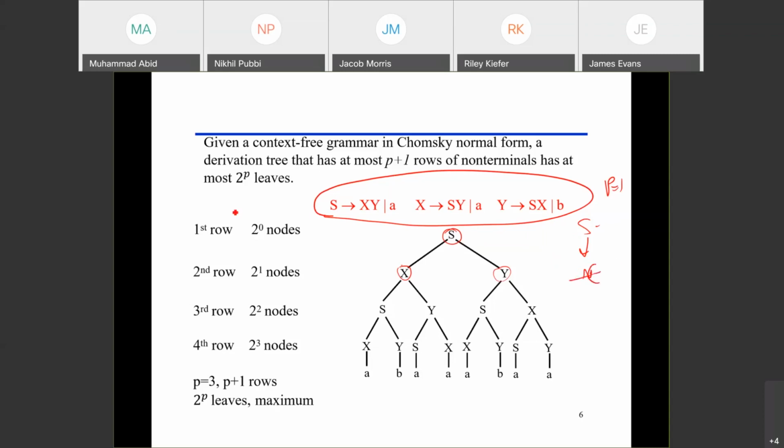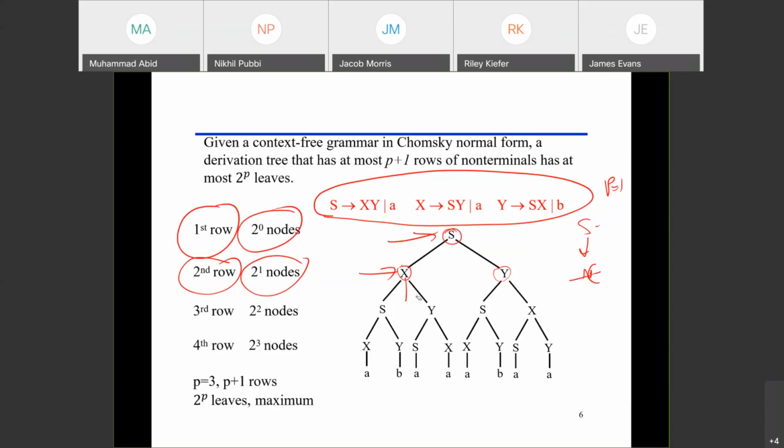So look at this, in the first row, 2 raised to power 0 nodes. If you go to the second row, 2 raised to power 1 nodes. So if you have two rows here, at this one it is 2 raised to power 0, 2 raised to power 1. So it means you can generate, either replace this with one terminal, this with one terminal, the maximum size of the word will be 2.